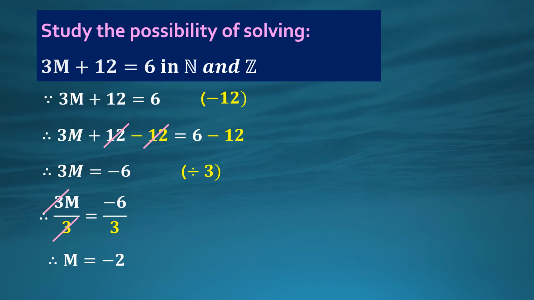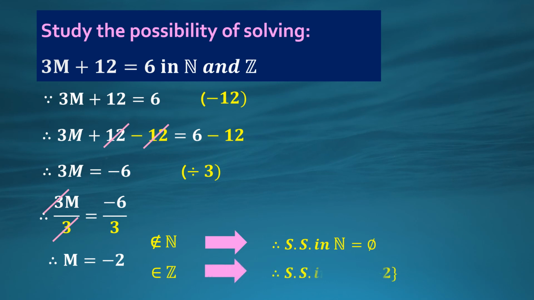Then m equals negative 2. Of course, negative 2 doesn't belong to natural numbers. So the solution set in N will be equal the empty set. But negative 2 belongs to Z. That means the solution set in Z equals the set of negative 2.